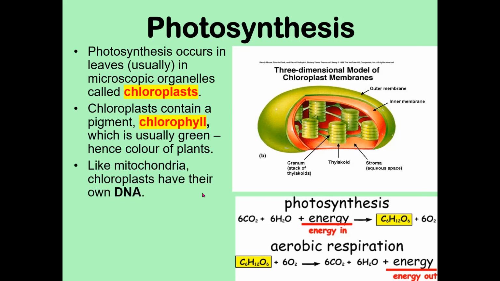So we have the chlorophyll. Now, they also have their own DNA, so they can reproduce themselves within the leaf or within the stem or wherever they're found. And mitochondria can also reproduce themselves.